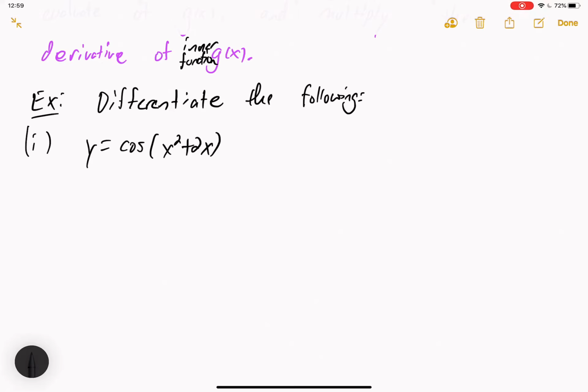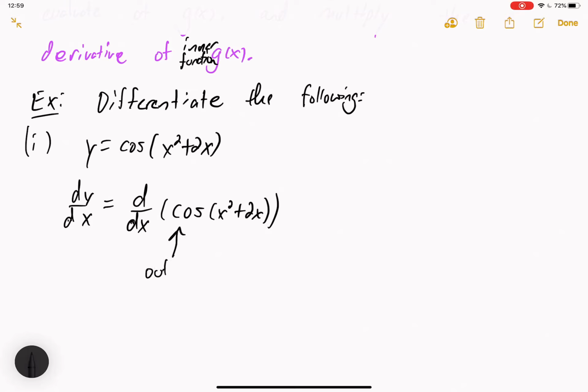And what we want is to find dy dx. Again, this just means the derivative, so it's going to be the derivative of cosine of x squared plus 2x. So this will be the outer function, and this will be the inner.